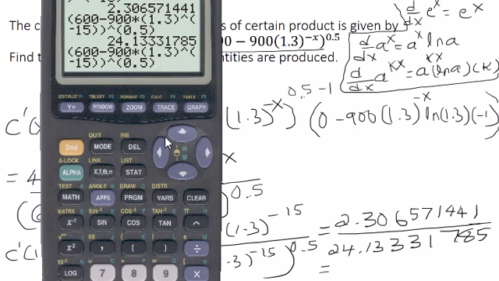Let's clear this and do it one more time. 2.306571441 divided by the number we have here, 24.13331785.